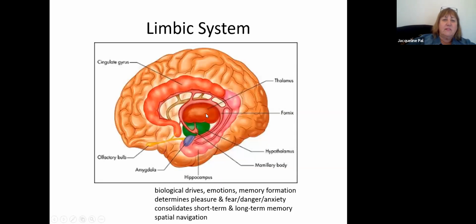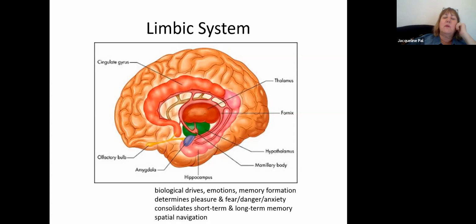Other parts of the limbic system besides this orangey cingulate gyrus will include the thalamus and the hypothalamus, which you know about. A whole bunch of parts you don't know about yet. Olfactory bulb, you'll learn about later. This little thing over here is called the hippocampus, which is kind of shaped like a seahorse, which has to do with spatial navigation. So it kind of fits with the sea and spatial navigation.